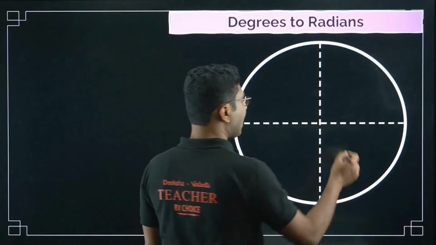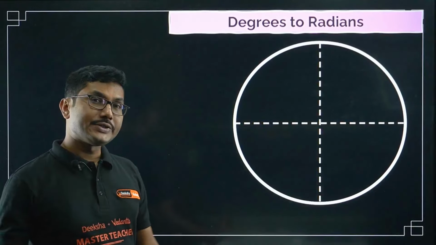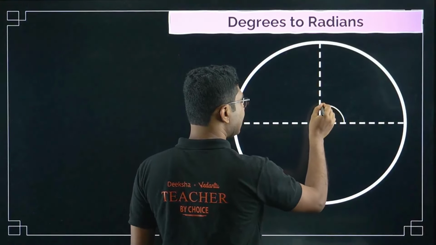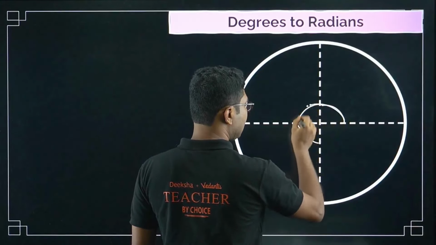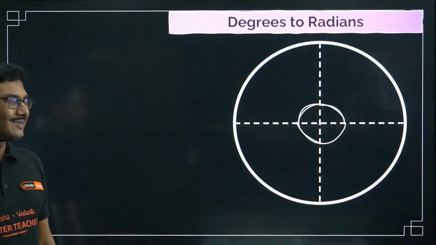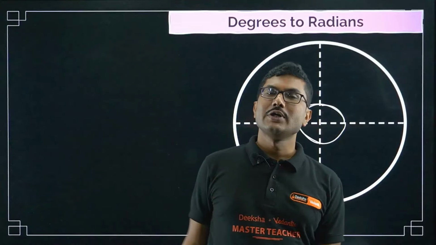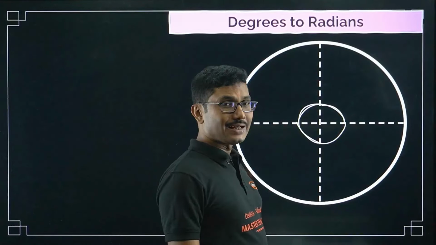Okay, so the degree to radian concept comes from the concept of a circle. We generally say that this angle is 90 degree, this is 180 degree, this is 270, and 360, right? This is how we define angles in our normal degree scale. There is another scale which is used in the SI system, which is the radian scale.